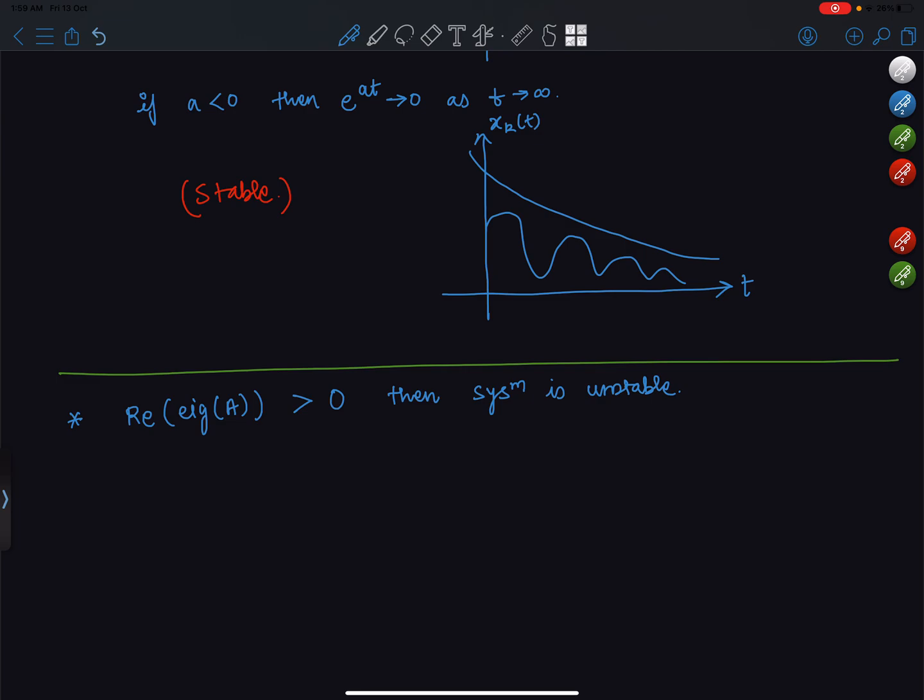And this is for any eigenvalue. So even if the real part of one of the eigenvalues is greater than 0, then the system is unstable.